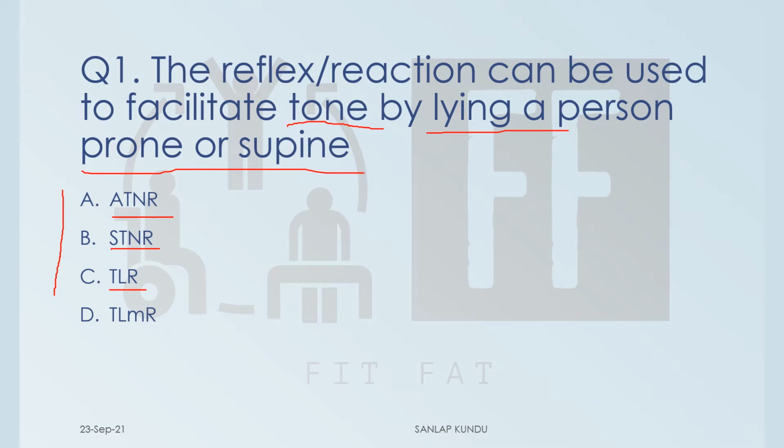Okay, so now it is matching with the question, right? The response we get is with prone position there will be increased flexor tone, that is facilitation of tone, right? And with supine, increased extension tone of all the limbs. So this satisfies the answer. So the correct answer is option C.